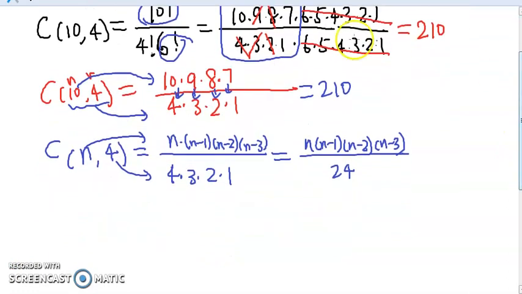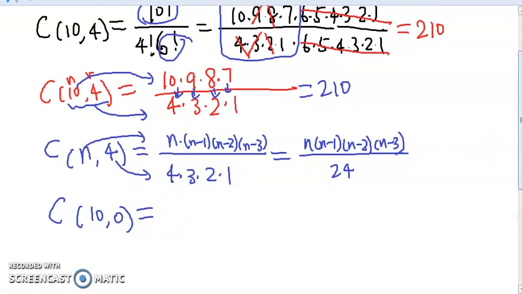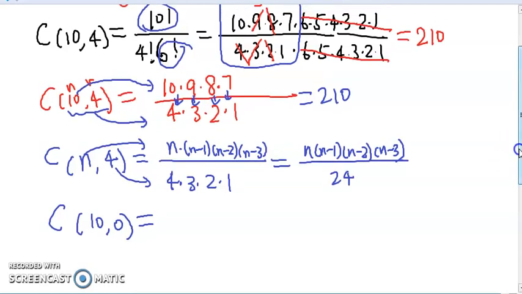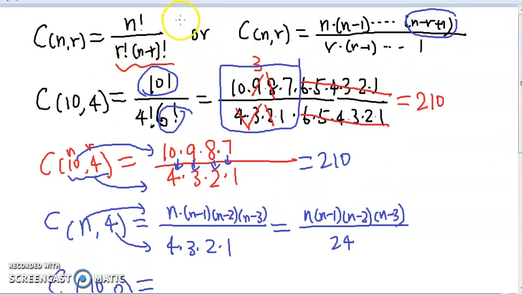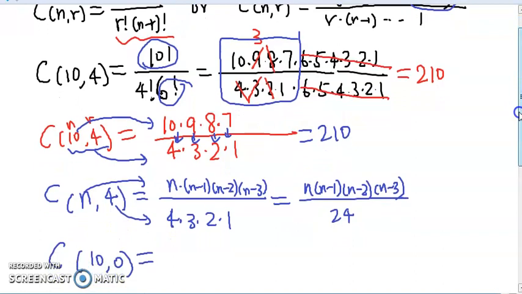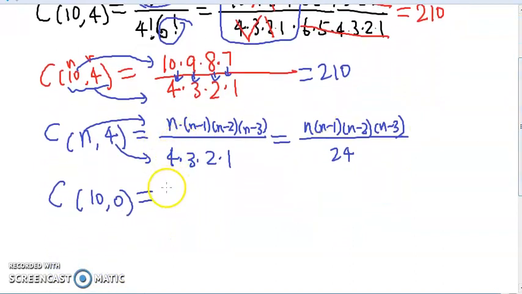A few special cases that we want to look at: what is C10 choose 0, which means you have 10 people but you don't want to choose anybody? We cannot really plug into the formula, because in the formula, r is not going to be 0. If r is equal to 0, we get 0 factorial, which is 0, and that's undefined when you have a 0 on the bottom. So if r is 0, what's the answer?